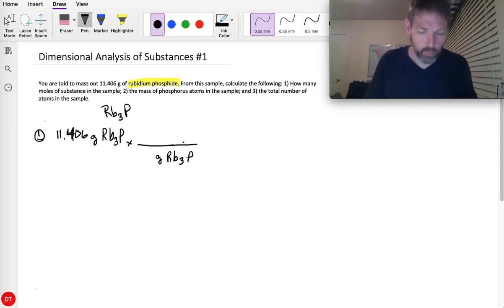When I calculated everything out, with 3 rubidiums and 1 phosphorus, what I got was a total of 287.38 grams per 1 mole of this particular substance.